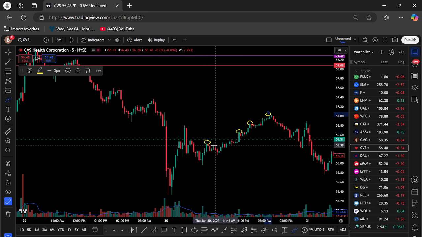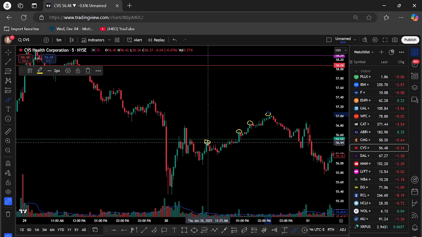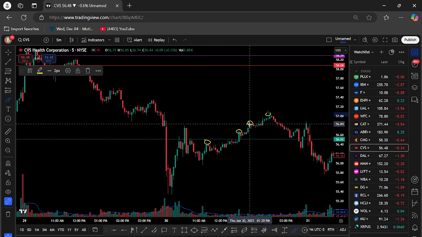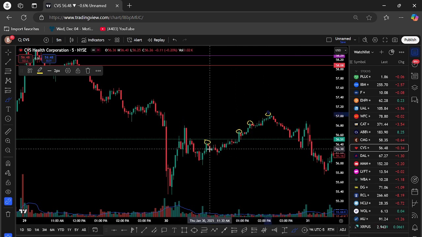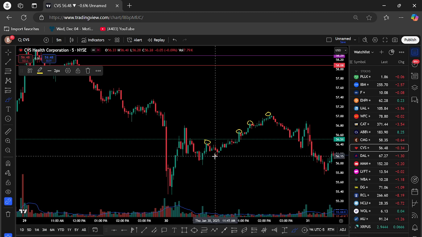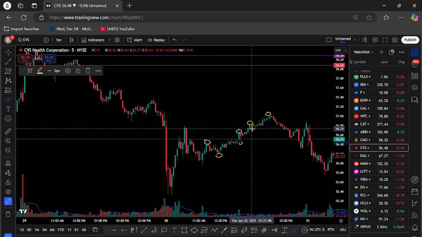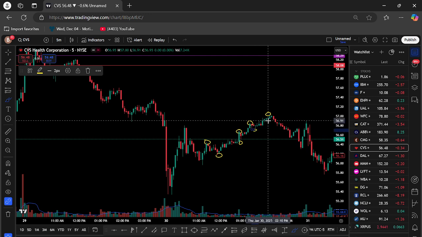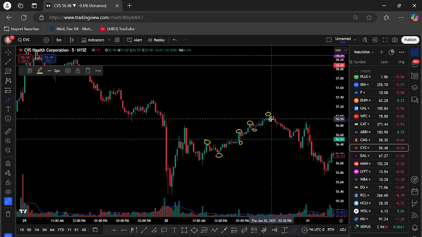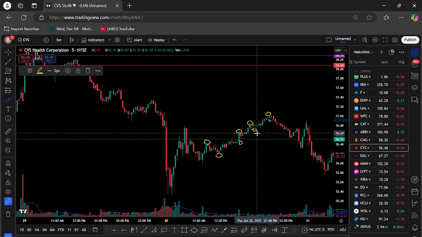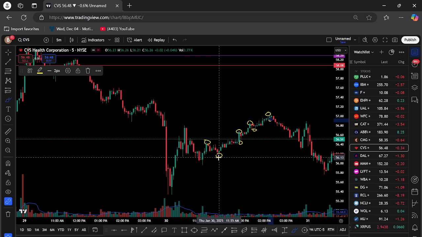It's going up the stairs. So this is a higher high, higher high, higher high, higher high. And then the same thing on the bottom: here, here, here, and finally here, they're all going up as well. These are called higher lows.